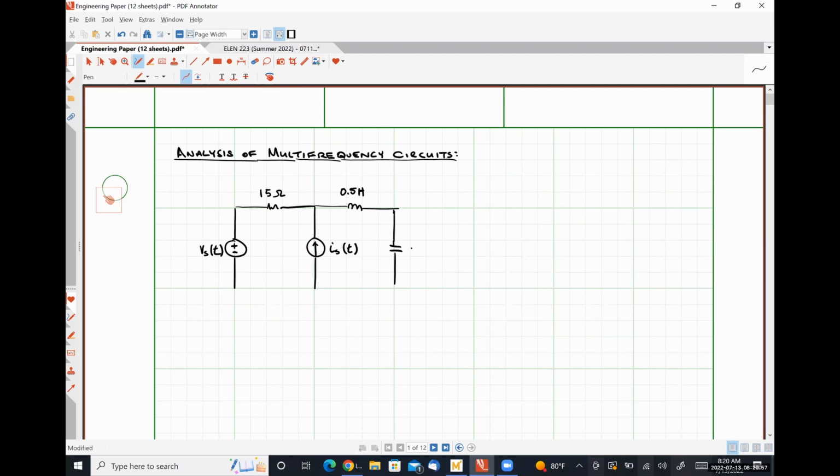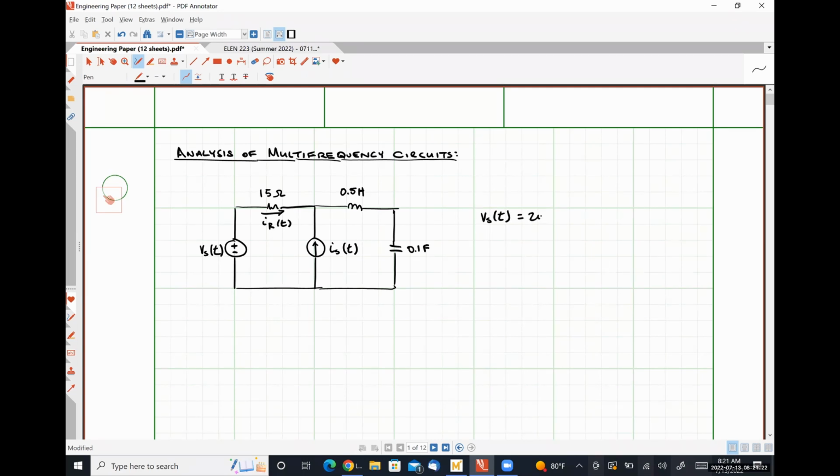Let's call this a 0.1 farad capacitor. And we want to know, let's say arbitrarily, what the current flowing through this 15 ohm resistor is as a function of time, IR of t.